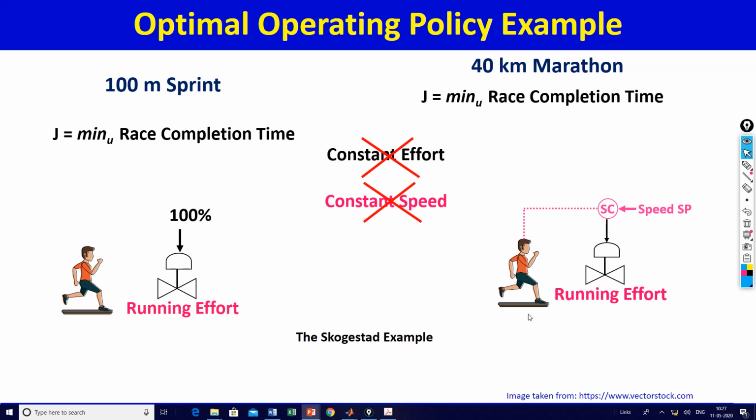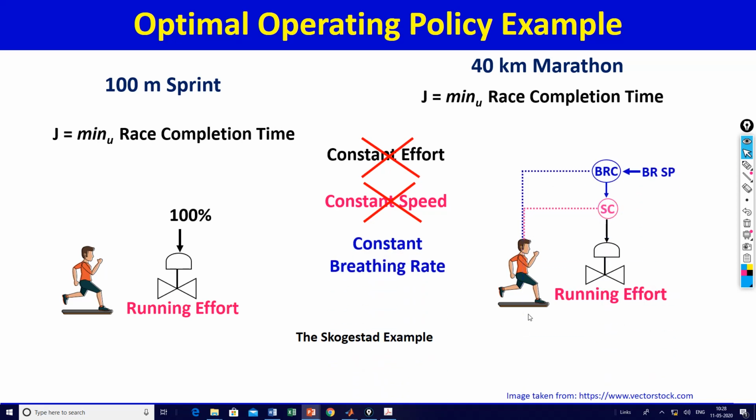So then the runner says, okay, I will adjust my speed set point, but what should I hold constant in order to adjust my speed set point? And then he says, okay, breathing rate maybe, because breathing rate is a good reflection of how tired you are. So initially maybe you can run faster, and towards the end, or when you're running uphill, your breathing rate will go up, and then in order to maintain the same breathing rate, you will reduce your speed.